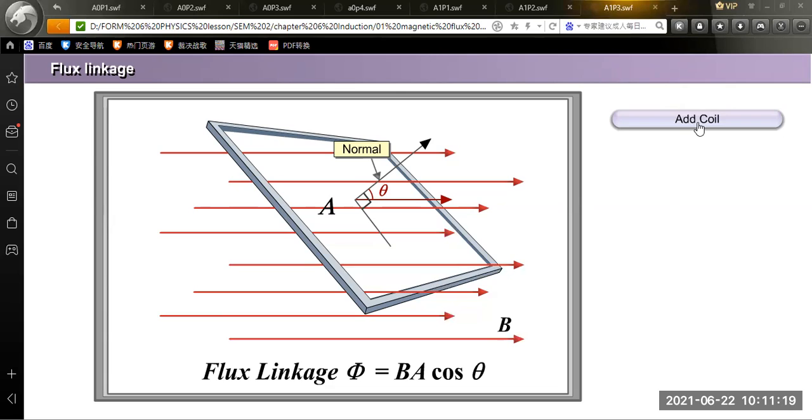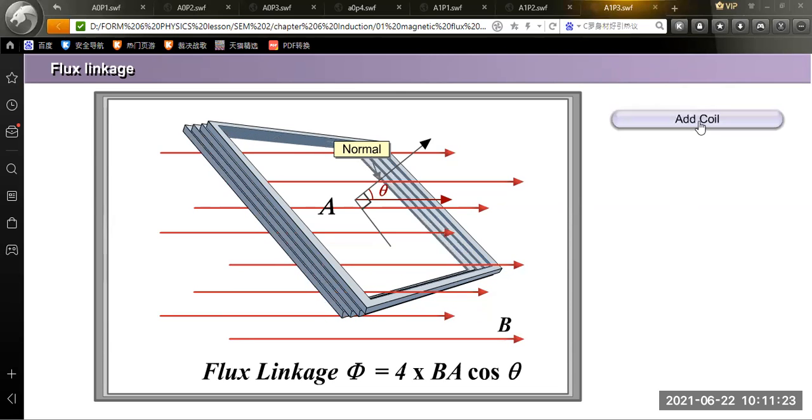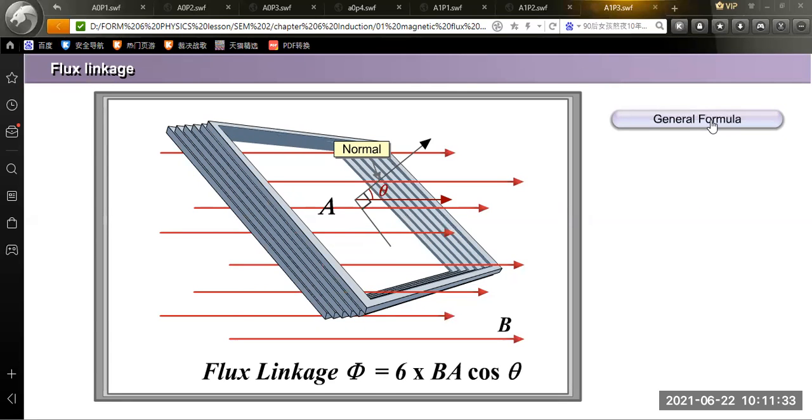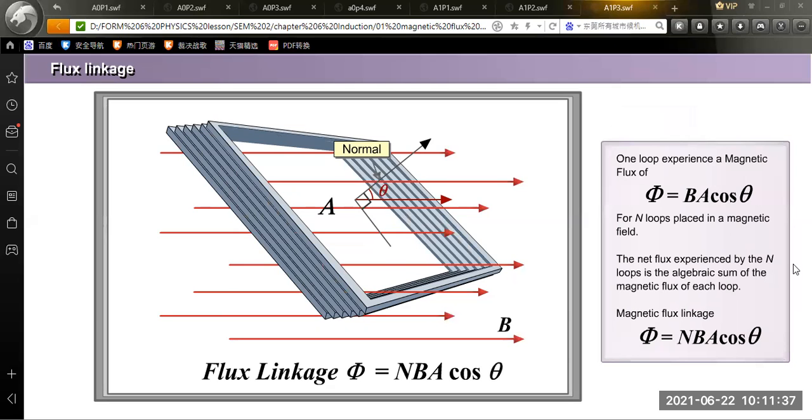So what happens if we add coils? We continue to increase the coils, and we notice that the magnetic flux linkage keeps on increasing. One loop experiences a magnetic flux equal to BA cos delta.